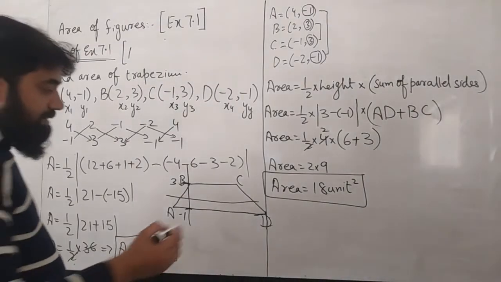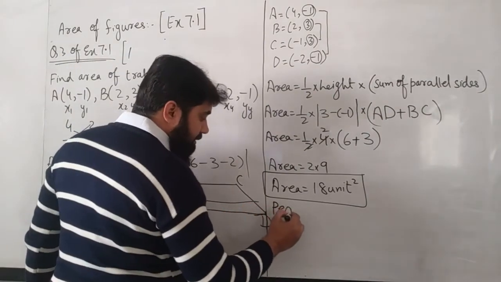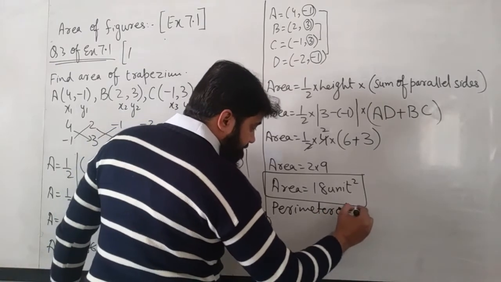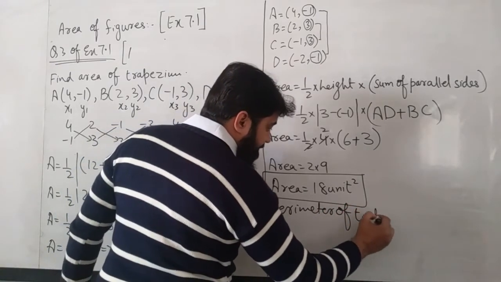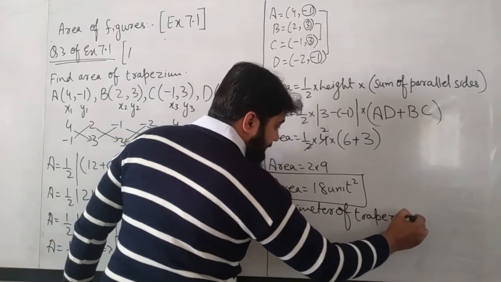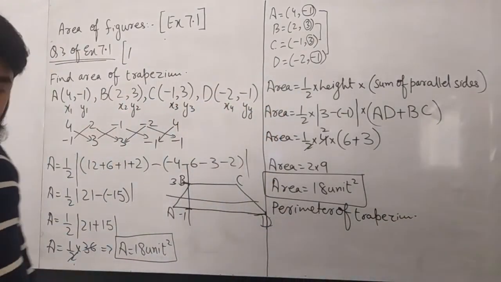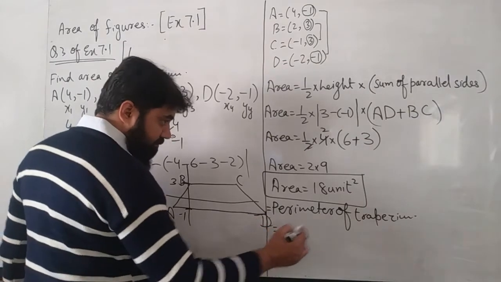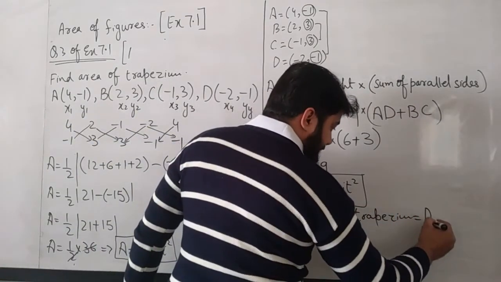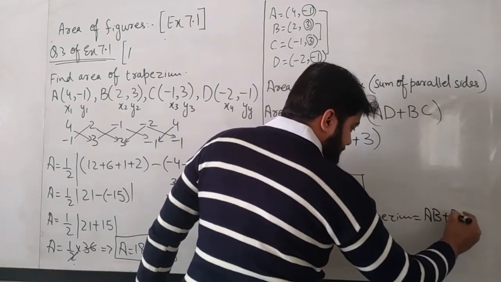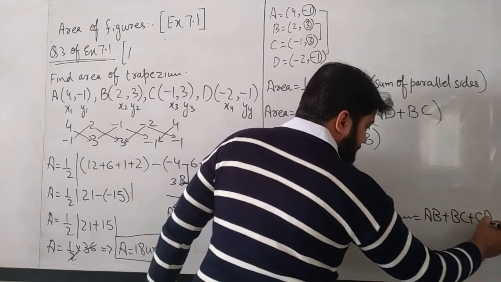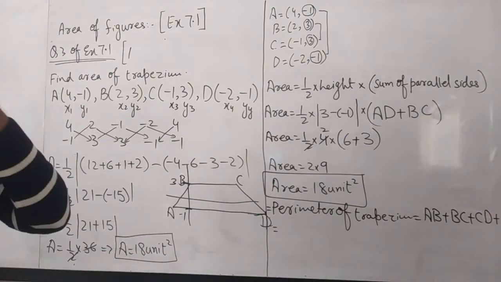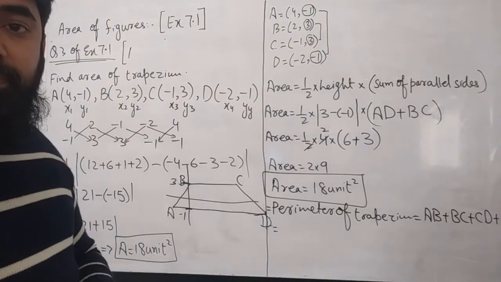After that, they have asked for the perimeter of this trapezium. We know that for a trapezium, the perimeter will be AB plus BC plus CD plus AD.